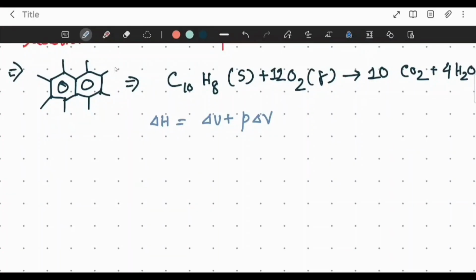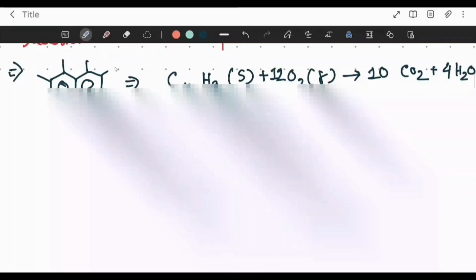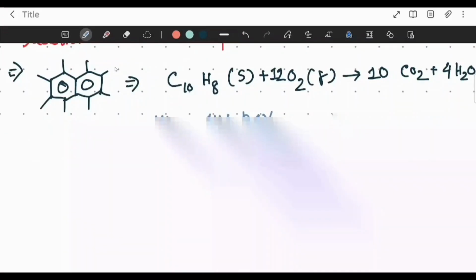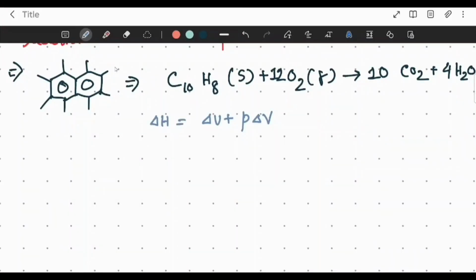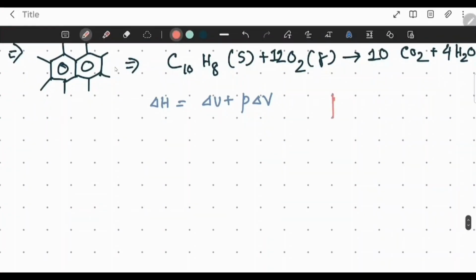So del H is equal to del U plus P del V. Now that del U is given here, that is the heat evolved, and P del V, what will be P del V? We know PV equals nRT for gaseous species.